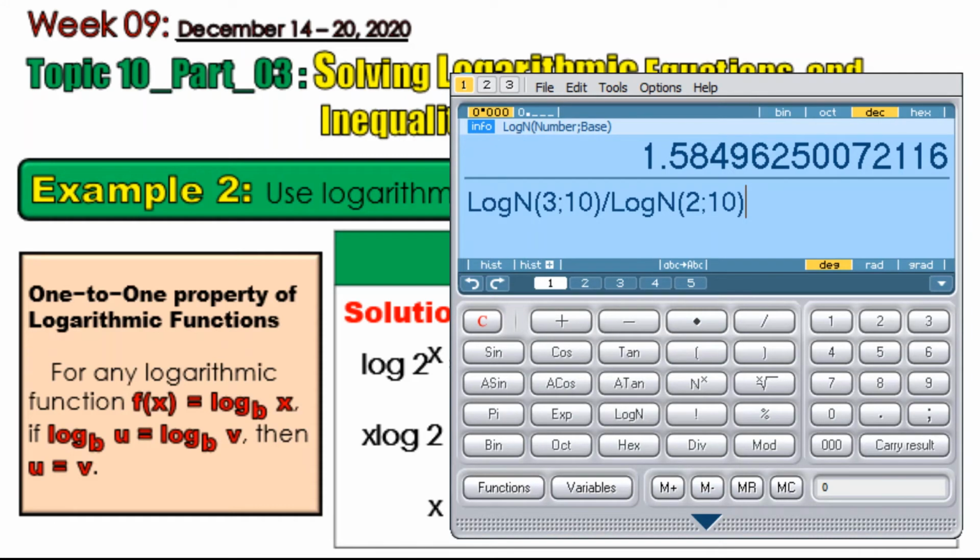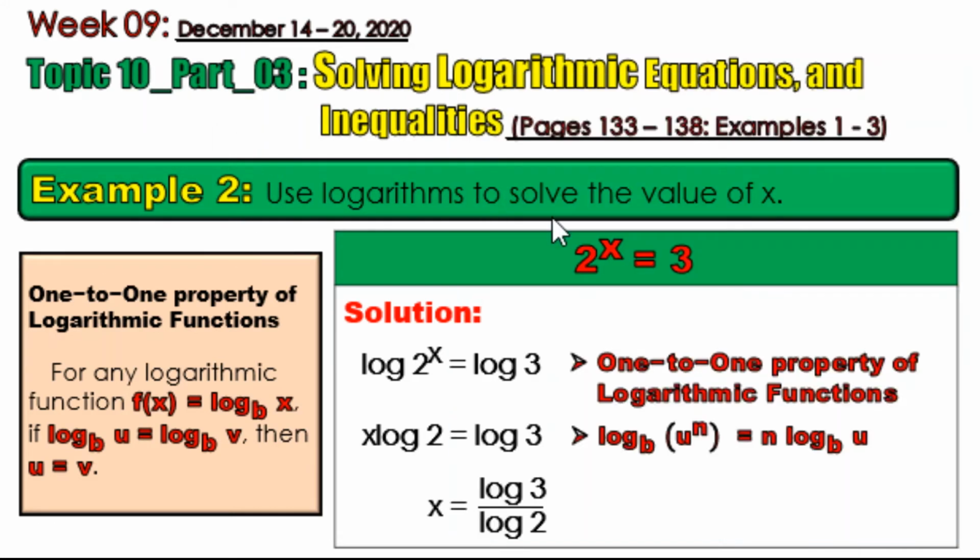What do you think is the answer if we round it to 5 decimal places? In 5 decimal places, it is approximately 1.58496. That is our example number 2.